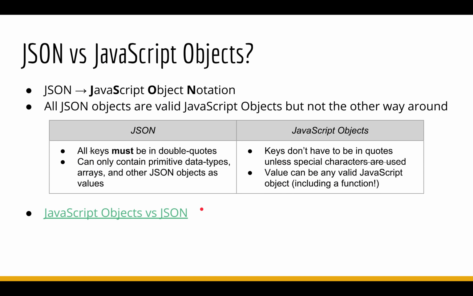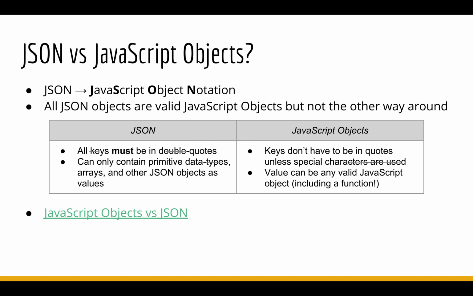Anyways, a small divergence here. There is a difference between JSON and JavaScript objects. You've probably heard of JSON before. It's a really standard notation way of sharing data between APIs and things like that. And basically, JSON is a more strict version of JavaScript objects, because all keys must be in double quotes, and the values can only be primitive data types, arrays, or other JSON objects.